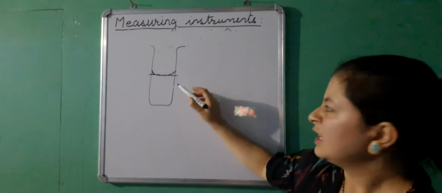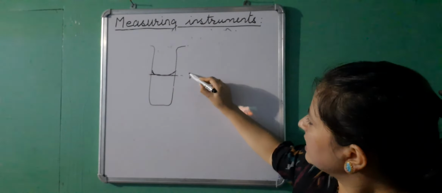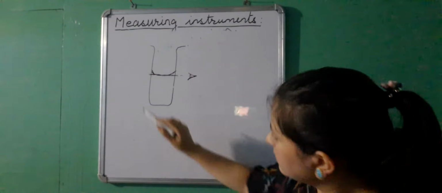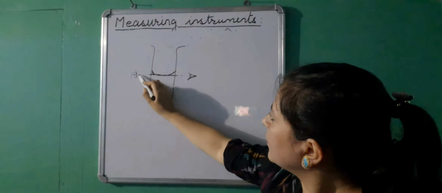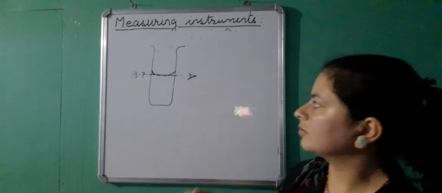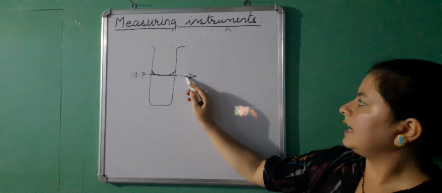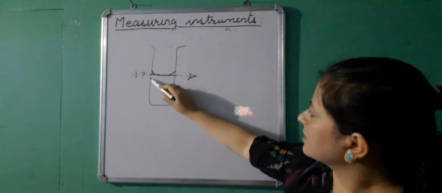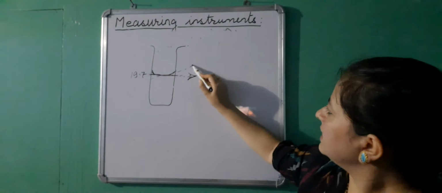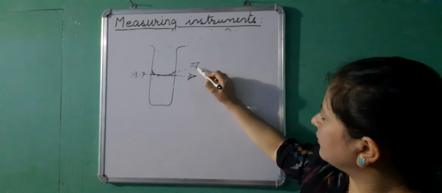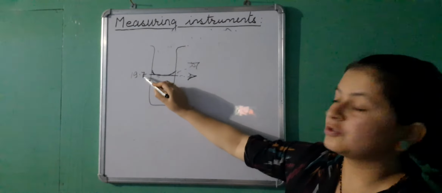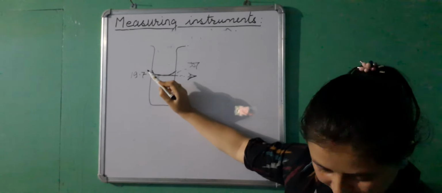meniscus. Now if I place my eyes right in front of the lower meniscus, I see the reading to be 19.7 milliliter. Now some other person will place his eyes somewhere here, but he doesn't see the observation to be 19.7 milliliter.